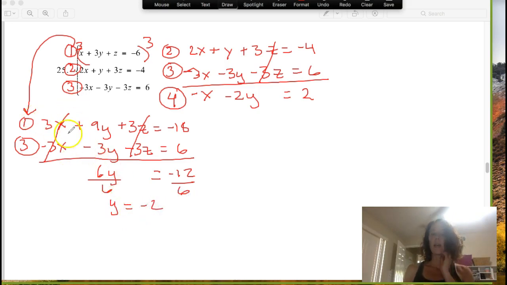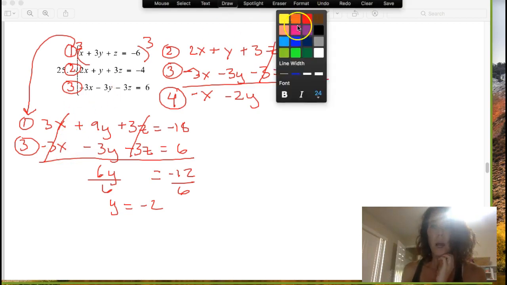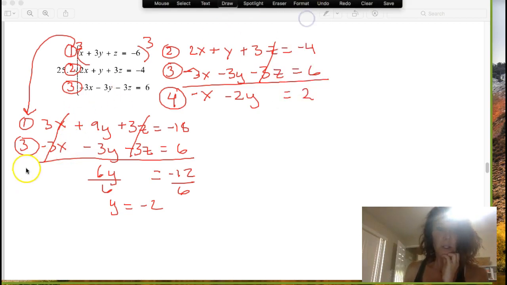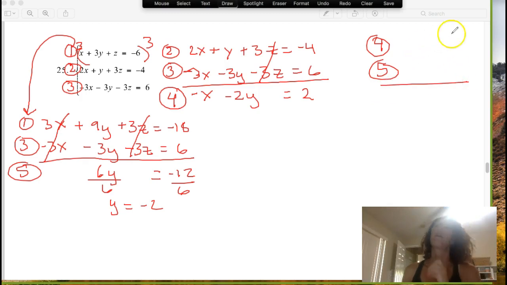Now, had the x's not fallen out, what I would have here is new equation 5 with the x and the y. And then I would take equation 4 and equation 5 over here and write them out and get either the x or the y to fall out so that I end up with just one variable. The whole point of doing these two equations and these two equations is to get one of the variables to fall out.